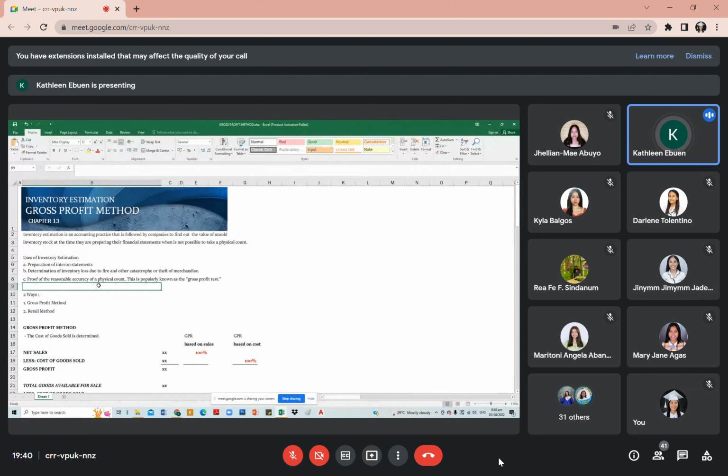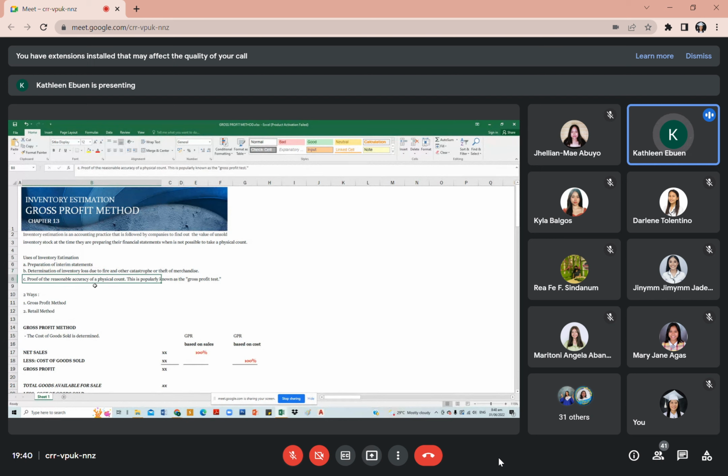So hindi possible yung physical counting, therefore gagamit tayo ng inventory estimation. Okay, kasi class, we have to report sa stakeholders natin, or for example, insured yung ating inventory, no? So high value yung ating inventory, kailangan natin i-report or i-disclose yung inventory loss. Okay, so gagamit tayo ng inventory estimation.